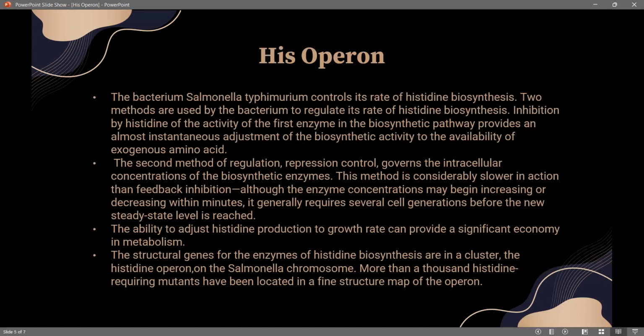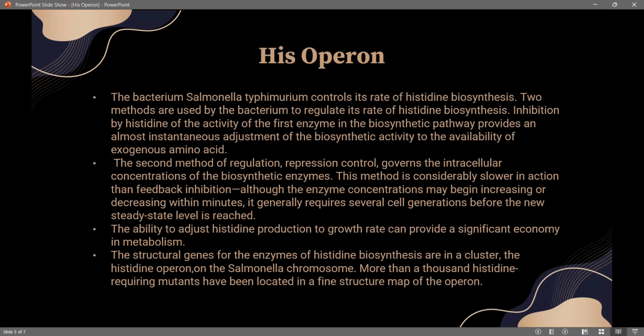Now let's talk about histidine operon. This histidine operon is mainly seen in the bacterium Salmonella typhimurium, and it controls the rate of histidine biosynthesis in Salmonella typhimurium, and it is also synthesized in E. coli.